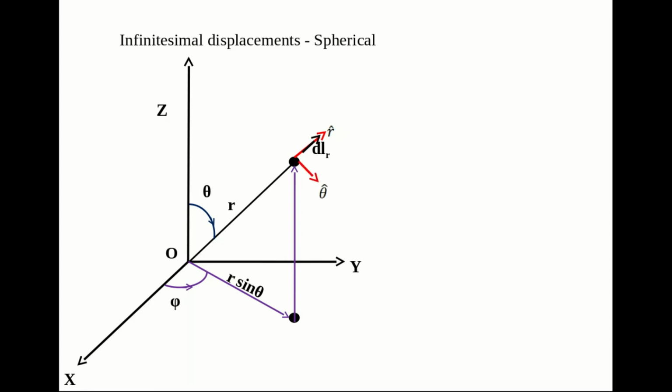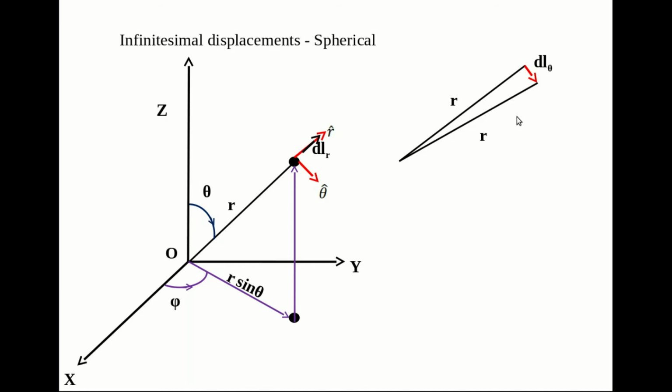A small displacement in this direction is called dl theta. A vector moving in the direction of theta cap will have constant r. This r is seen to be moving in the theta cap direction. So r will not change. The only change is in theta.